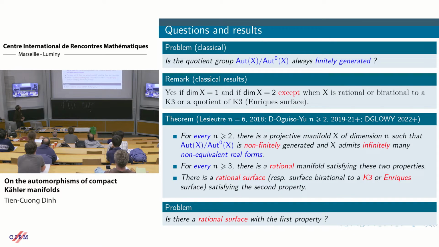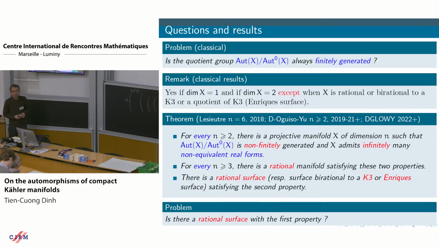Okay. So here's the first question, which is quite classical. The question is whether the quotient group we consider here is finitely generated or not. The problem goes back to the work by Jean-Pierre Serre in 1950.